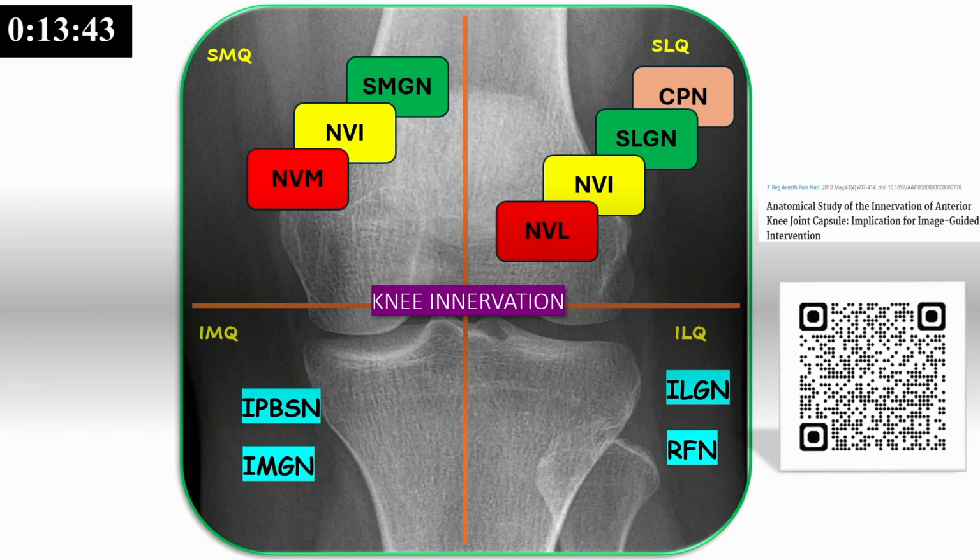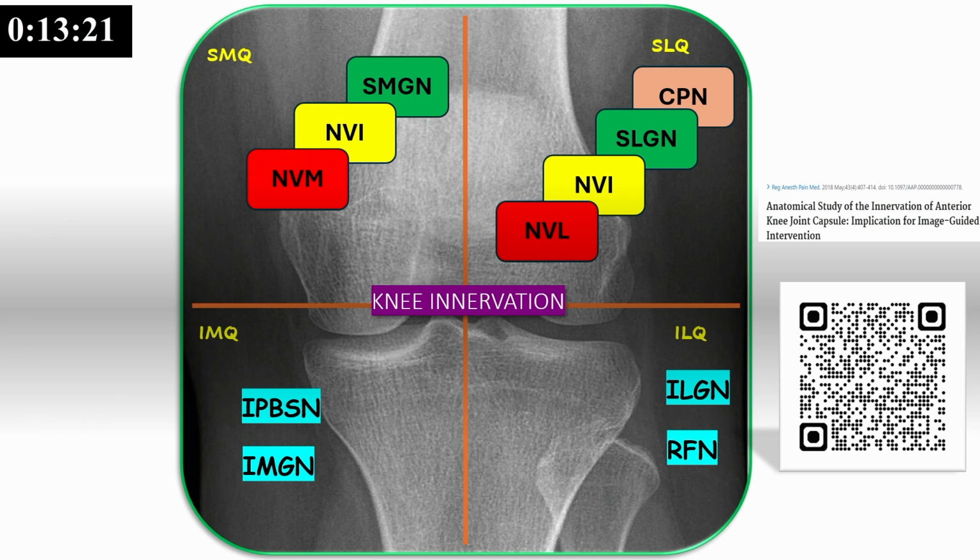So what is actually the innervation of the knee capsule? Excellent study by John Tran and colleagues where they have shown the innervation of the knee, and they have divided it into 4 quadrants. For the supramedial quadrant, from anterior to posterior, my dear friends, is the nerve to vastus medialis, intermedius and the supramedial genicular nerve.